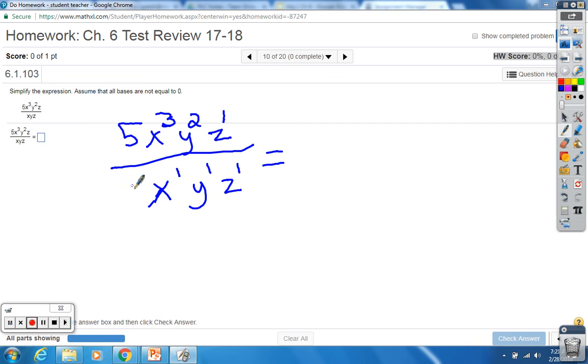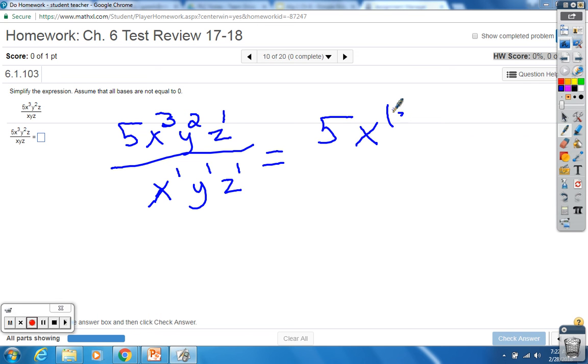Alright, so first we'll just take care of the coefficients, then all the variables one by one. So we got 5 over 1. That invisible 1 would be right here. So we could just leave the 5 as it is. And then for our x's, we'll have to put that x. And then since we have exponents and we're doing division, we're going to have to use the quotient rule, and that's whenever we have to subtract the exponents.